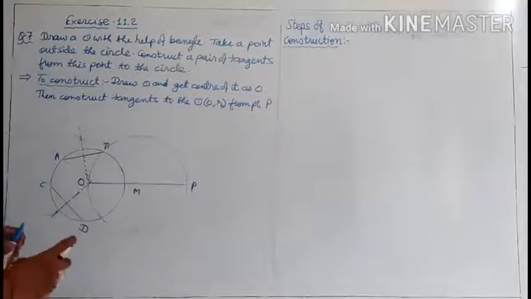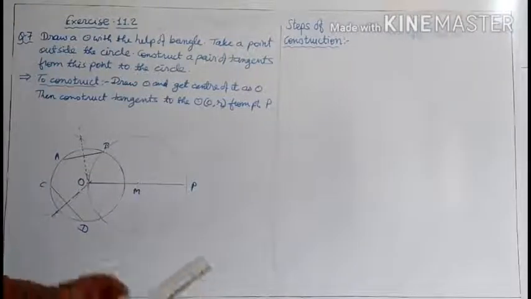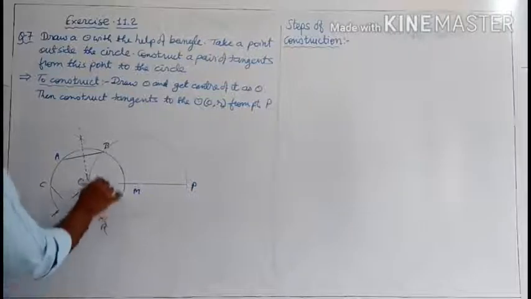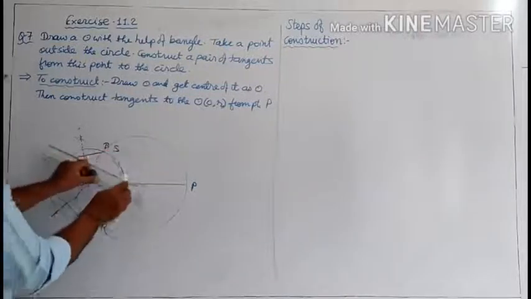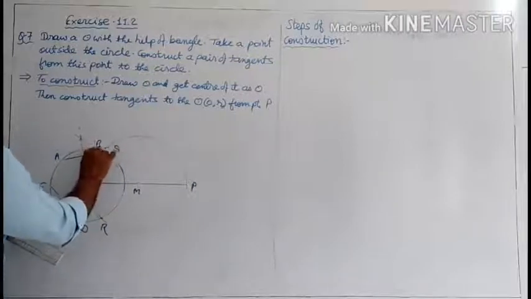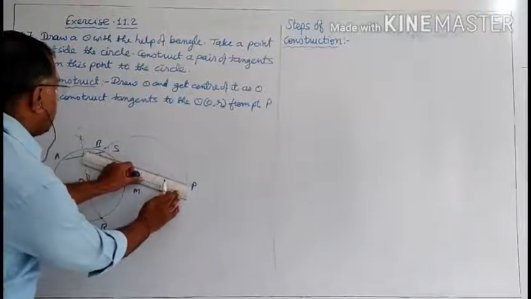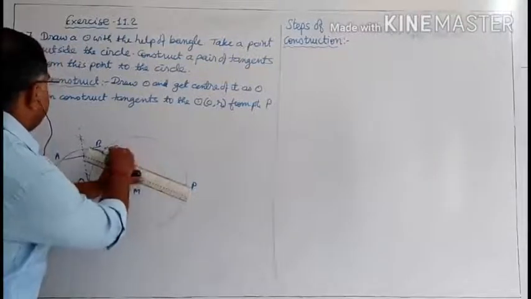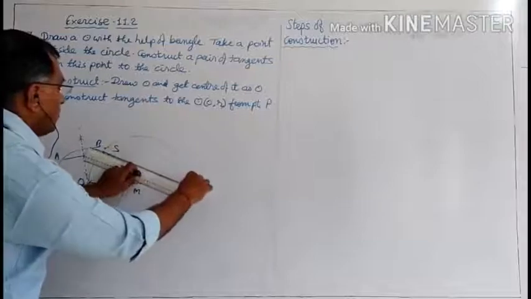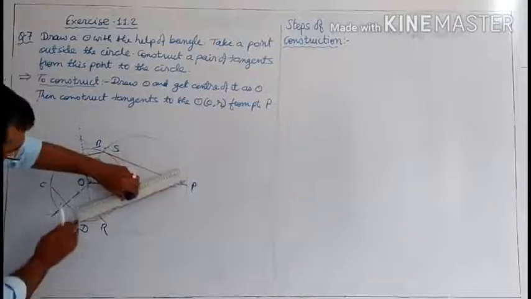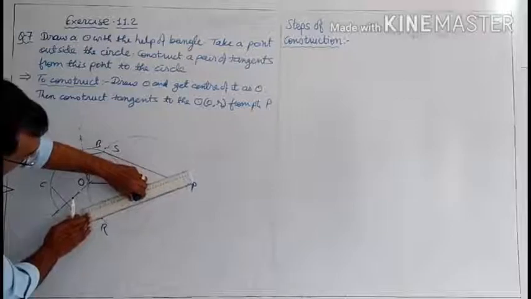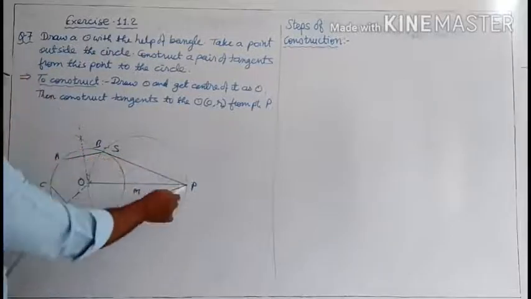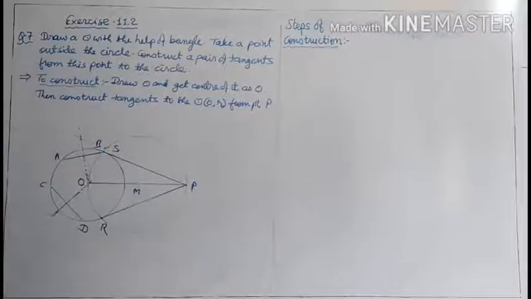Now you can see the circle intersects the given circle at 2 points R and S. So join PS and PR. PS and PR are the required tangents to the circle from the point P outside the circle.